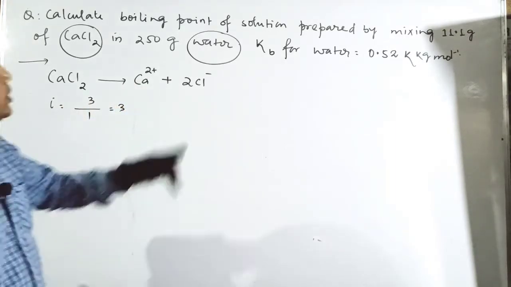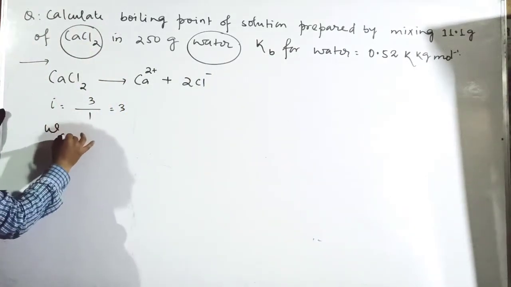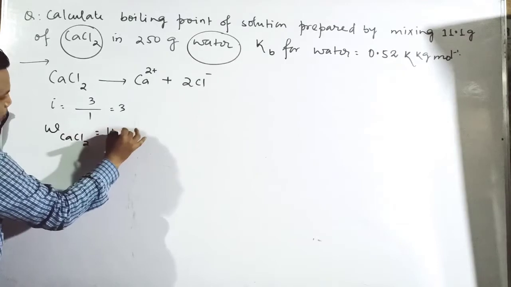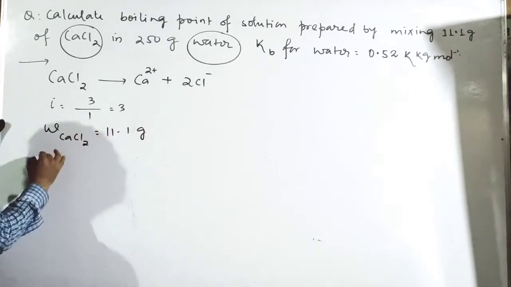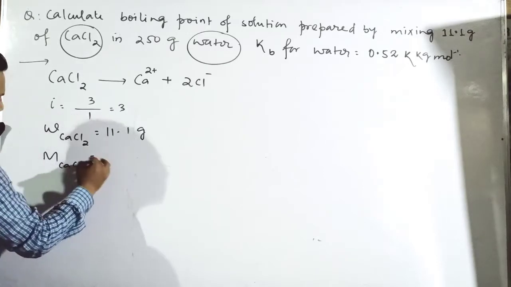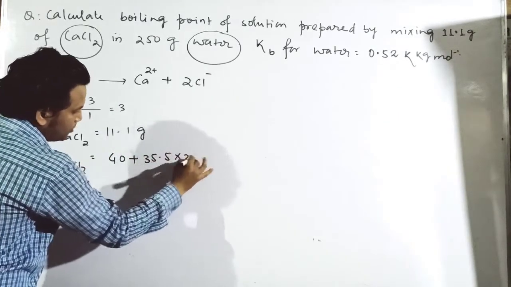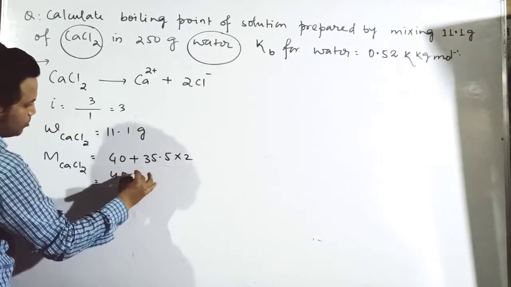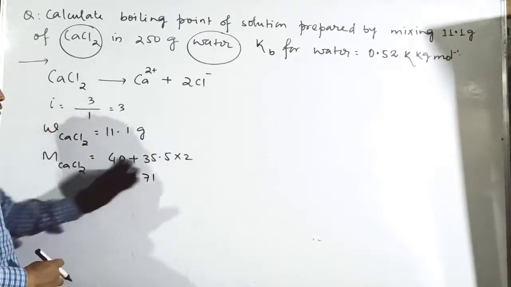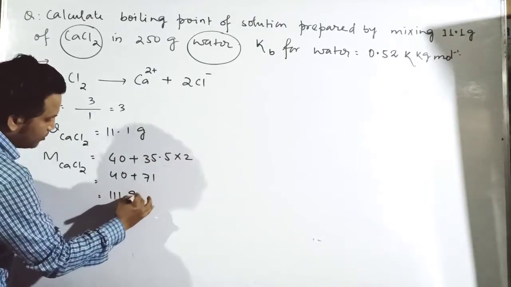Again, what is given? The given mass of calcium chloride is 11.1 gram. Find the molar mass of calcium chloride. The molecular mass will be calcium 40, chlorine 35.5, 2 times, so 40 plus 71, that is 111 gram per mole.